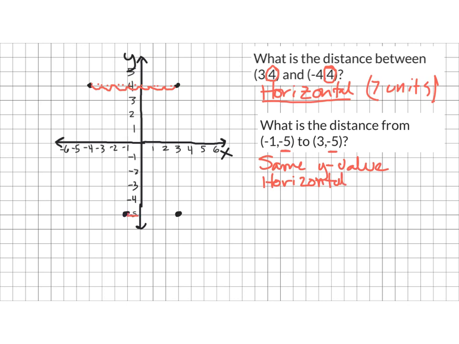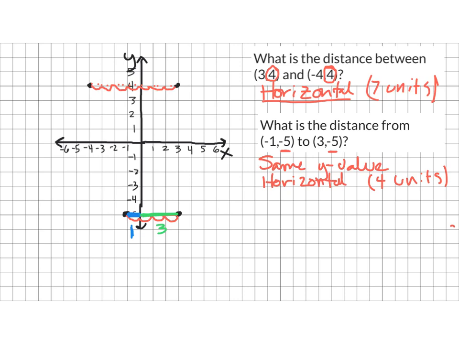And I can see by counting that they're 1, 2, 3, 4 units apart. But I can also see that -1, -5 is 1 unit away, and that 3, -5 is 3 units away.